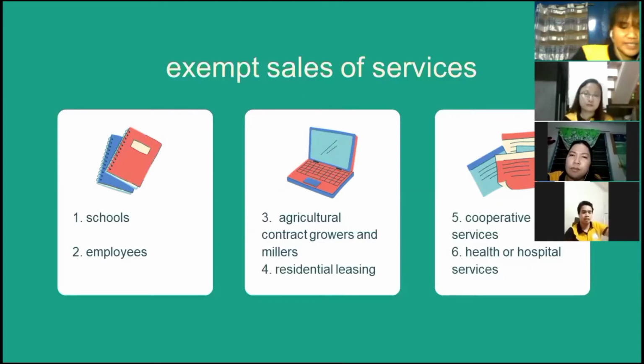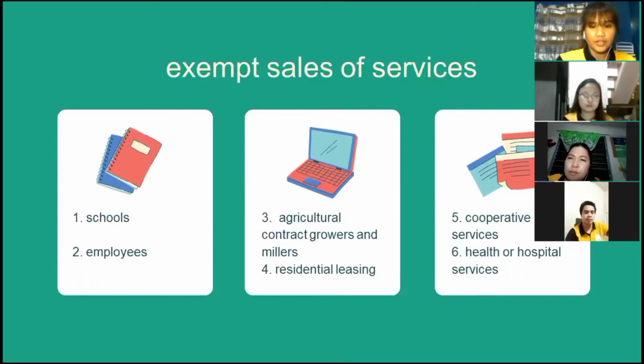The second one is the employees. Services performed by individual under an employer and employee relationship is not a business, thus exempt from business taxes. The third one is the agricultural contract growers and millers.